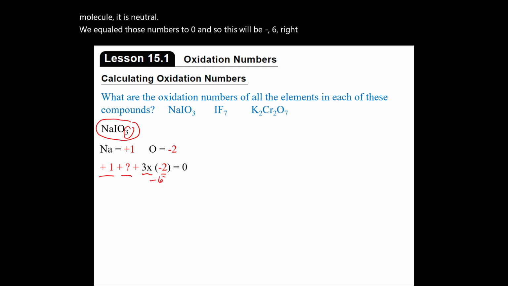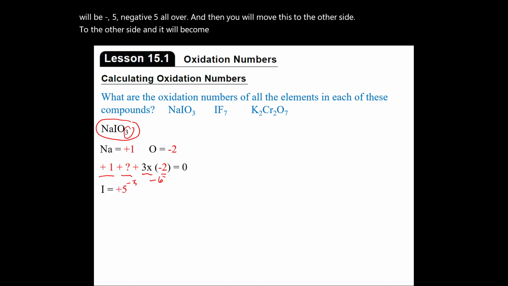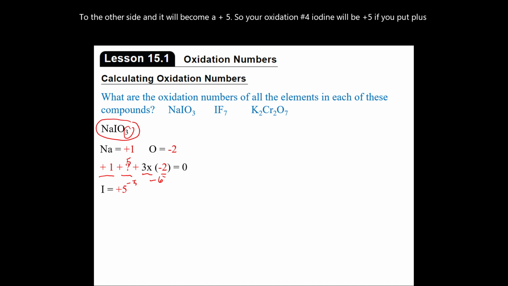And -6, and this is +1, that will be -5, -5 all over, and then you will move this to the other side, and it will become +5. So your oxidation number for iodine will be +5. If you put +5 here and add the numbers up, you come up with 0.